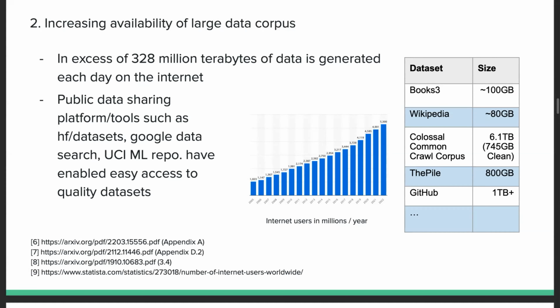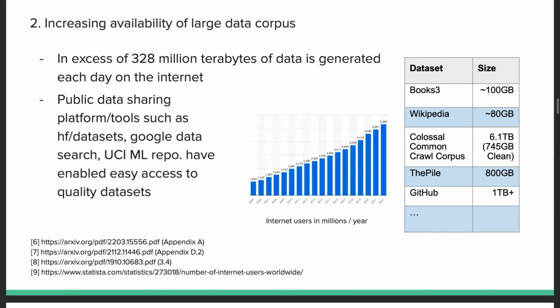So we are continuously producing more data, and that's an important contributor to obtaining data to train these large language models. On the right, you can see a table with some prominent data sets and what their size roughly approximates to. Now, most large language models use a combination of these data sets in different proportions. But I guess it's important to know the scale of data that's used to train these models.